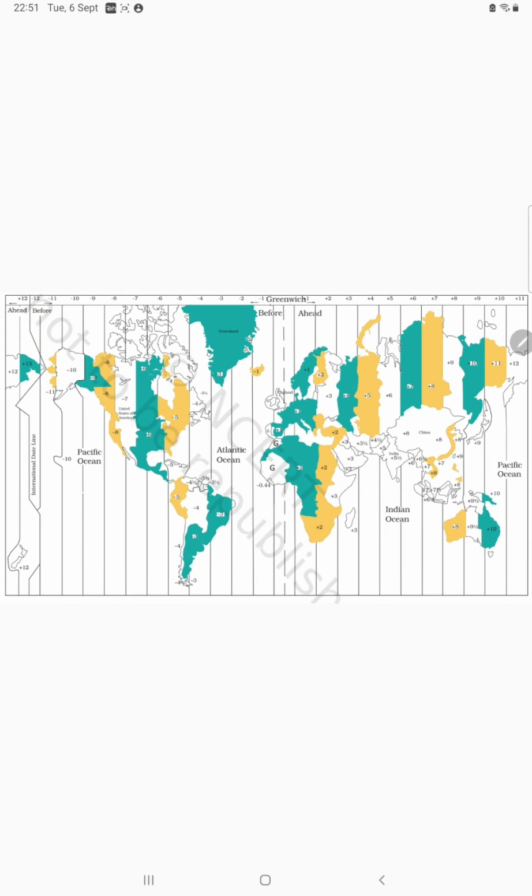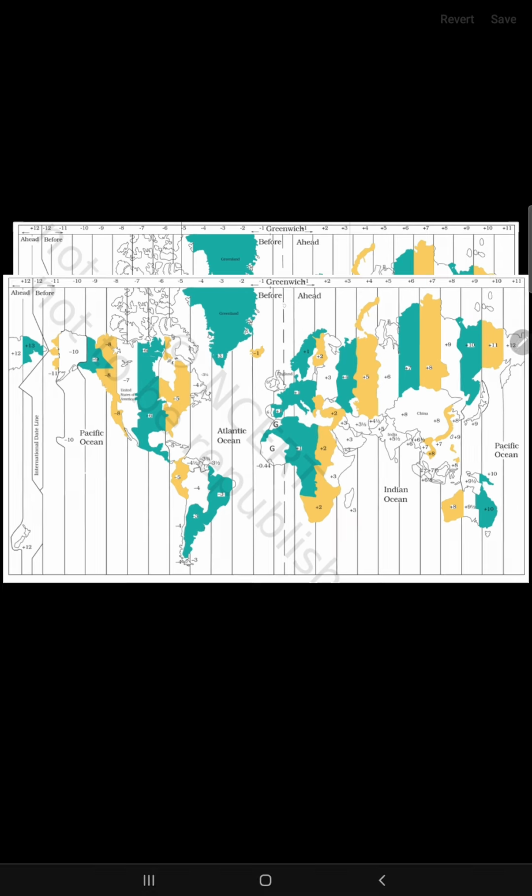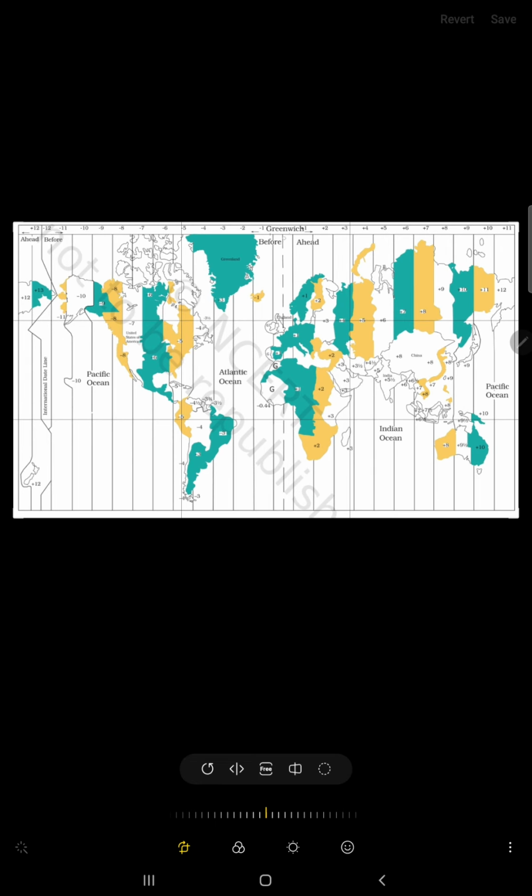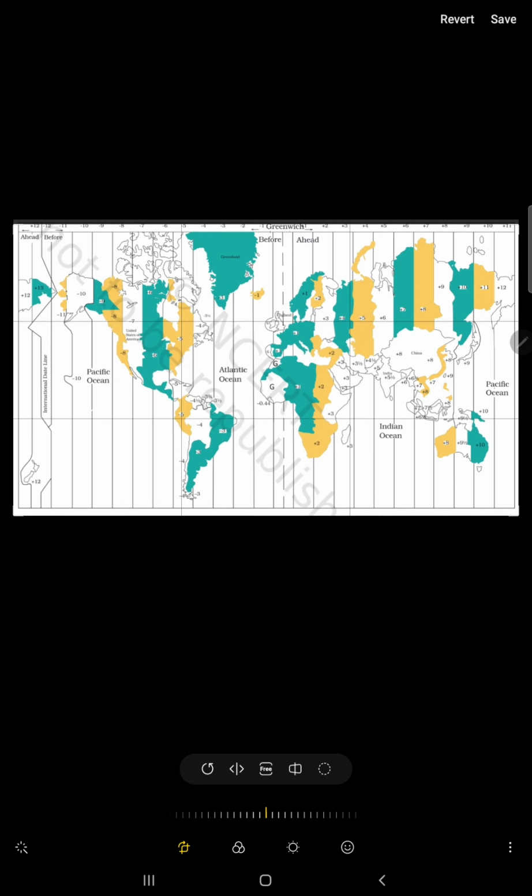Let me show you this in a picture. This is my Greenwich line, my Greenwich meridian. This is the east side of the Greenwich line, and this is the west side of the Greenwich line. All the places east of this line will be ahead of the Greenwich line, and all the places to the west of this will be behind in time.